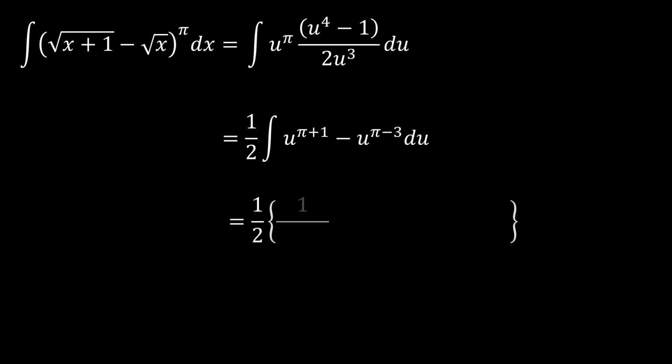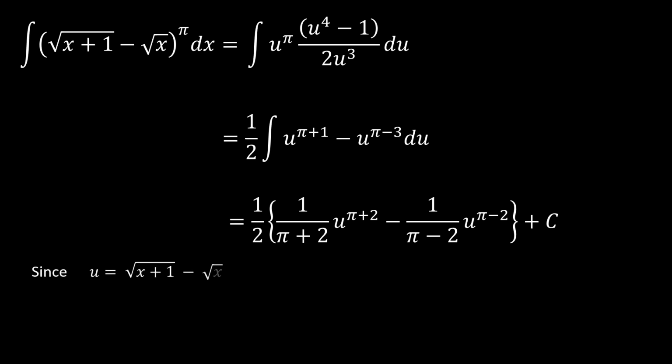So when you integrate everything, you get a half into bracket 1 over pi plus 2 times u to the power pi plus 2 minus 1 over pi minus 2 times u to the power pi minus 2 plus c, the constant.